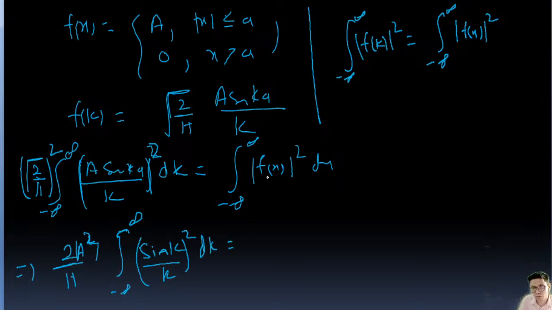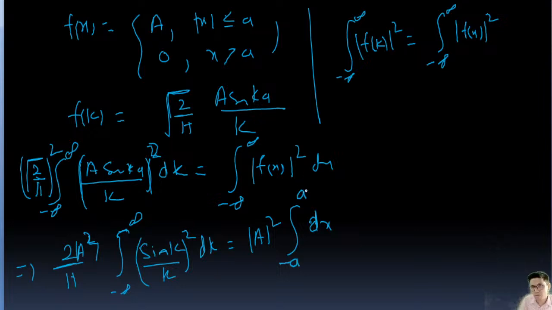And on the other side, mod f(x) square means mod a square taken outside, dx, and the limit is going to be minus a to plus a, right?